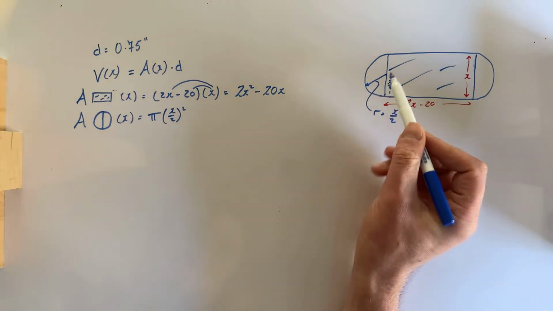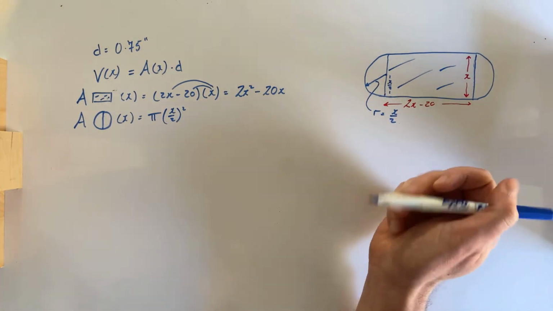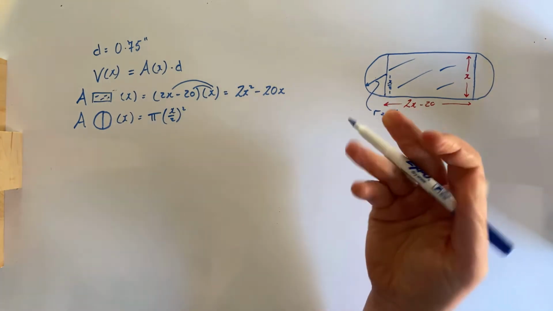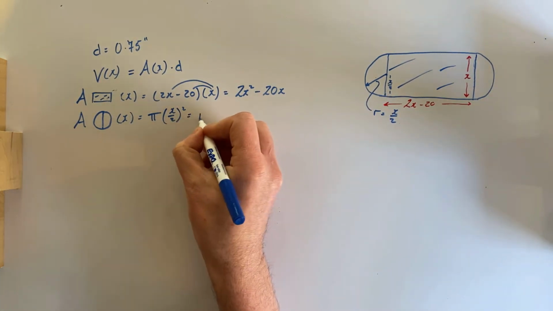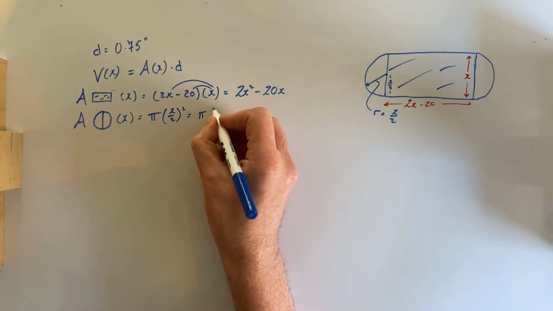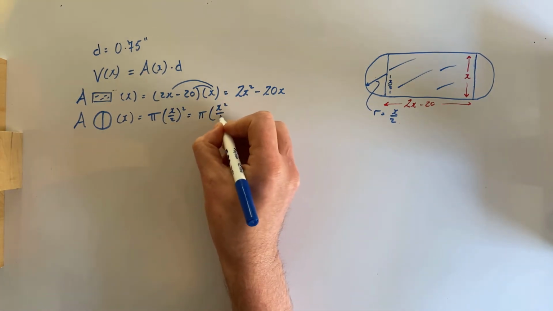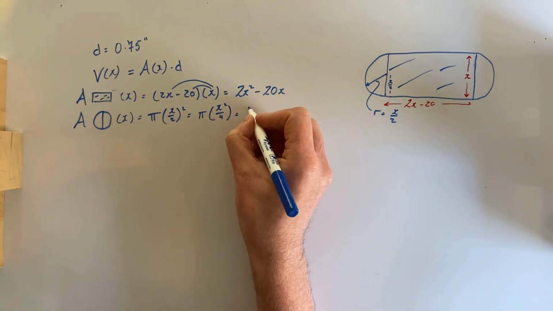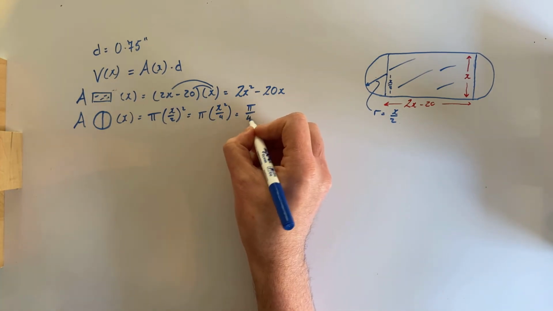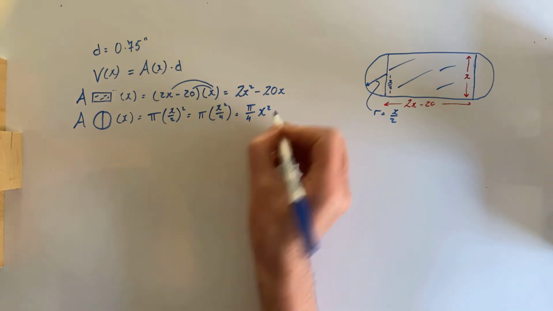And again, that takes into account both semicircles, meaning between these two I have the area of a full circle. Working this out, x over 2 squared is x squared over 4, so bringing my constants to the front, pi over 4 x squared.